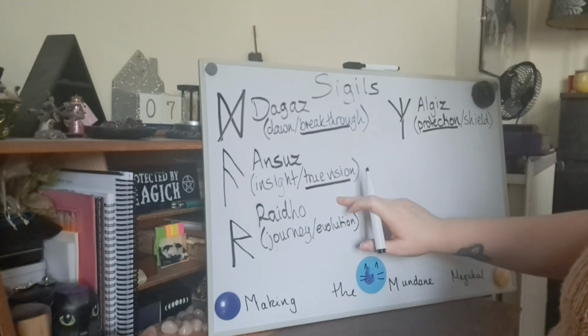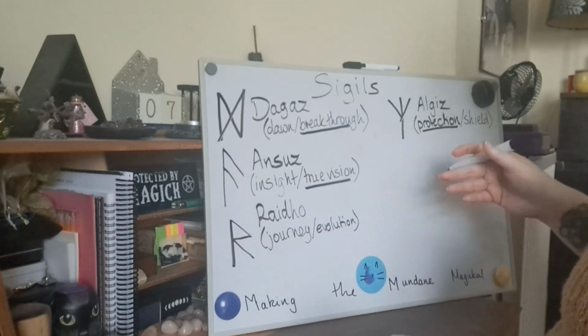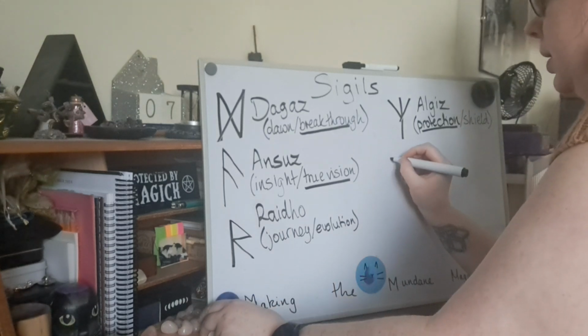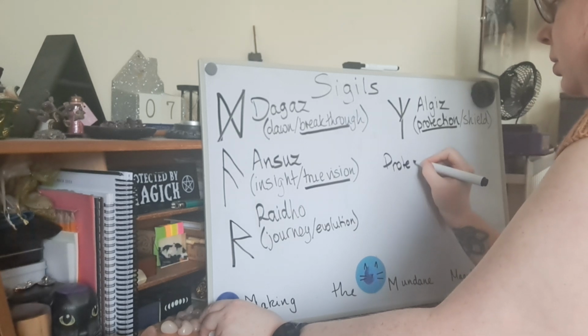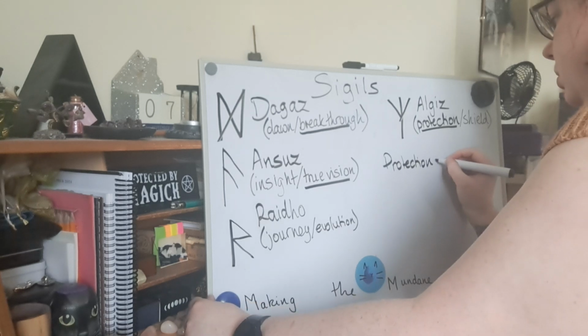So these are the associations I'm going to use within this. Apologies, I went quiet there. So I've started off with quite literally just protection.